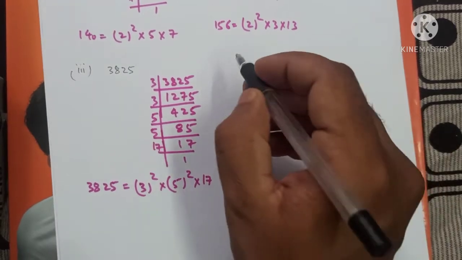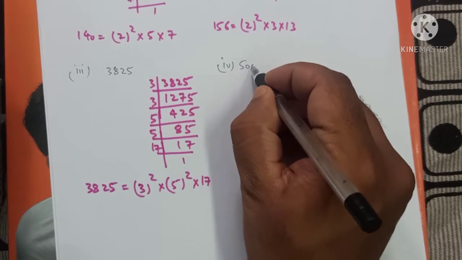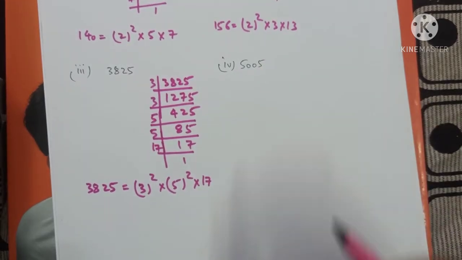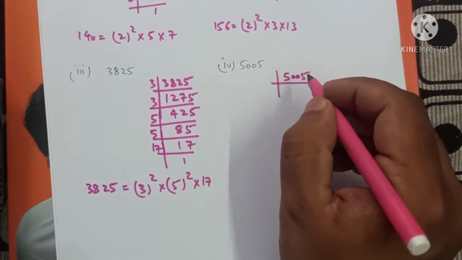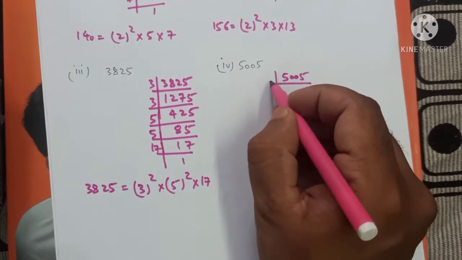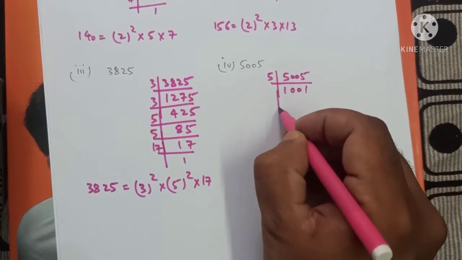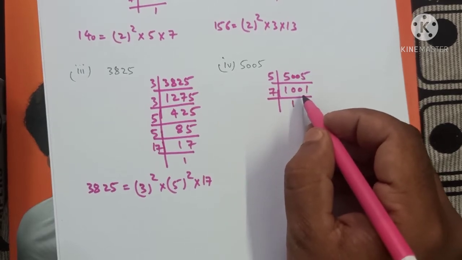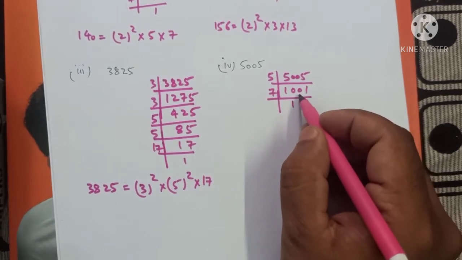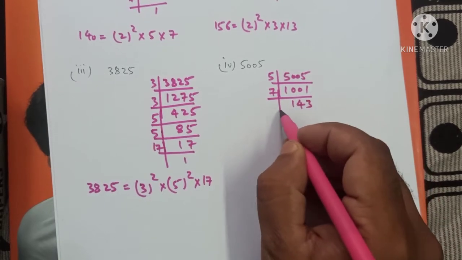Next one is the fourth, that is 5005. So first it will not go with 2, neither with 3. Start with 5: 5 1s are 5, and 7 1s are 7, 7 4s are 28, remainder is 2, 7 3s are 21.